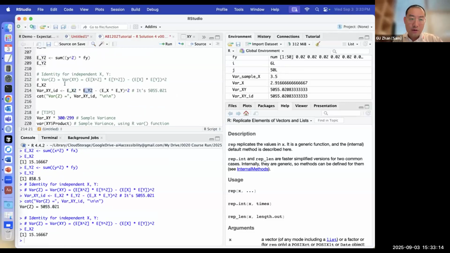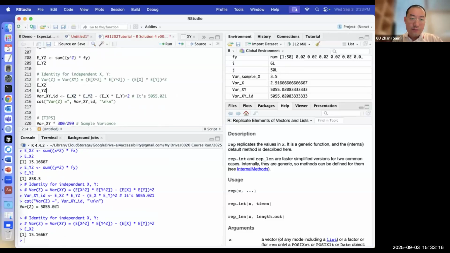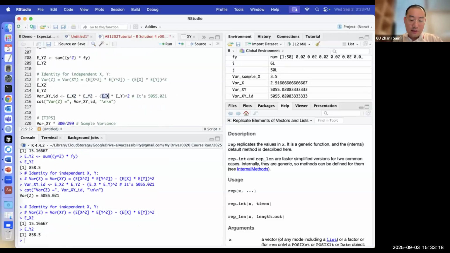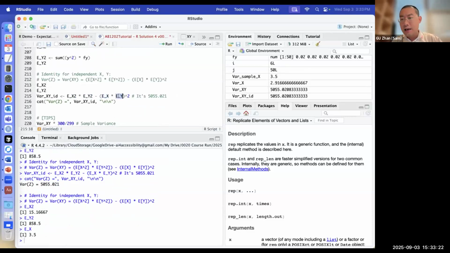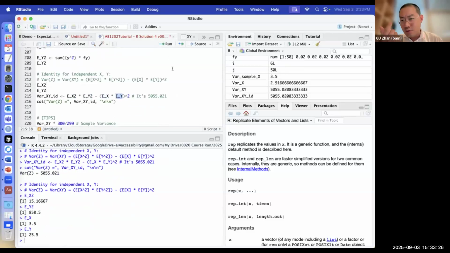E(X), E(Y), E(X squared), E(Y squared). Actually, run this. Yeah, you can actually highlight it and just press run. It will just run the highlighted area. So you got these 4 numbers already. Now use this formula: the first 2 multiplied by each other, minus the second 2 multiplied by each other, squared.